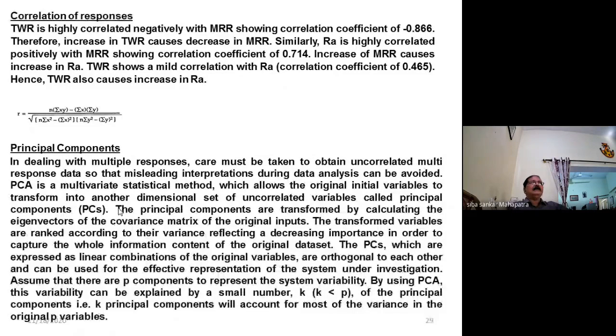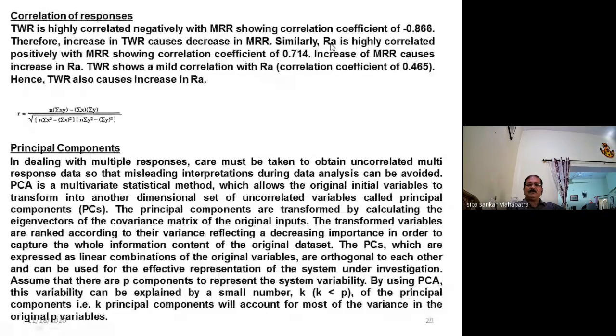Once you normalize, then you see whether the output responses have any correlation or not. The correlation has been found out using this formula. It has been observed that tool wear is highly negatively correlated with material removal rate, showing a correlation coefficient of minus 0.866, so an increase in TWR causes a decrease in MRR.